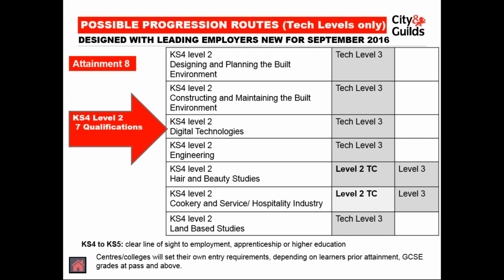So I do hope you've got a clear line of sight to employment, apprenticeship or higher education, and we do understand that colleges and centres will set their own entry requirements depending on learners' prior attainment at GCSE grades at a pass or above.